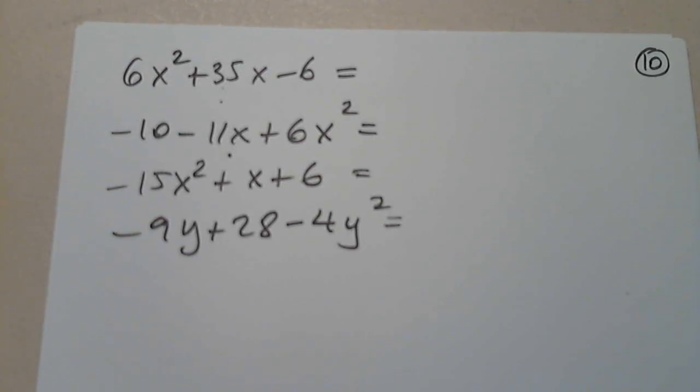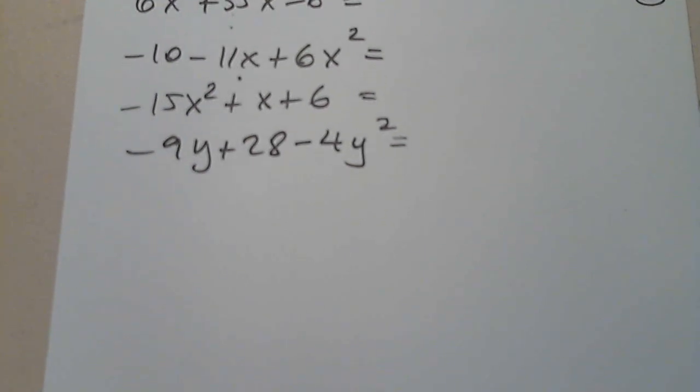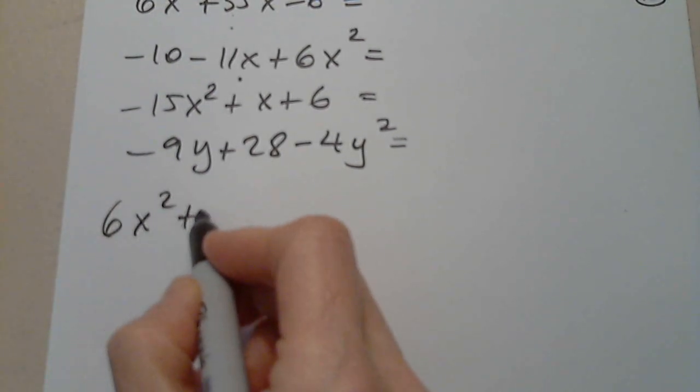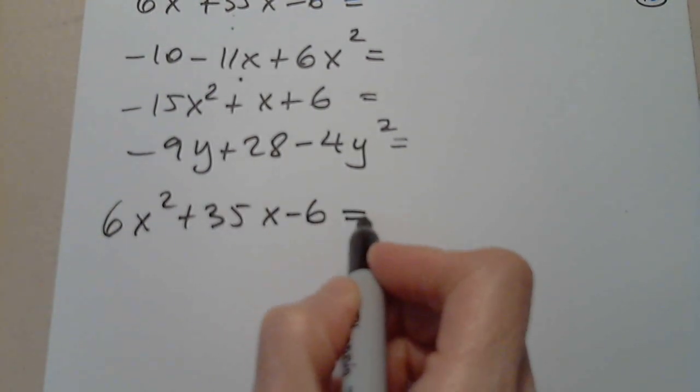Are we okay so far? Okay, so we're working on 6x squared plus 35x minus 6.